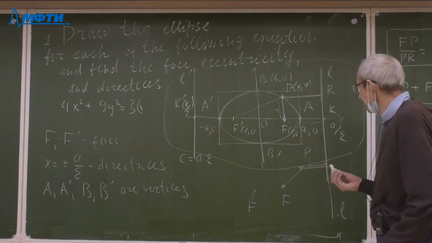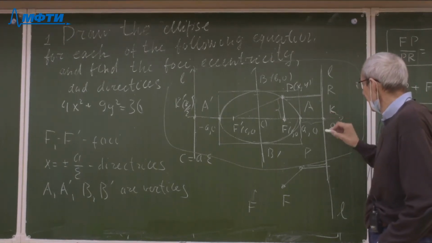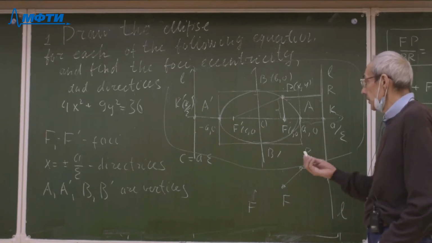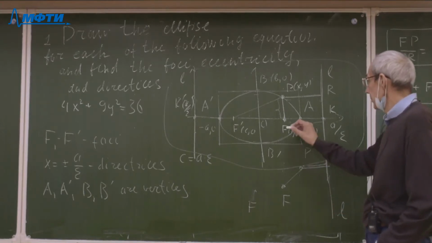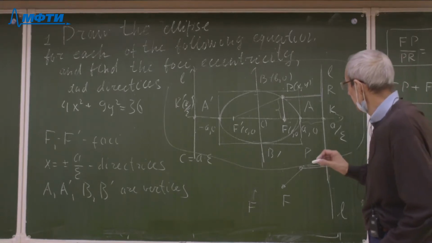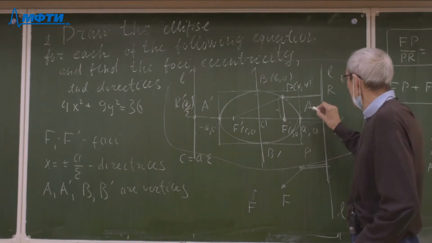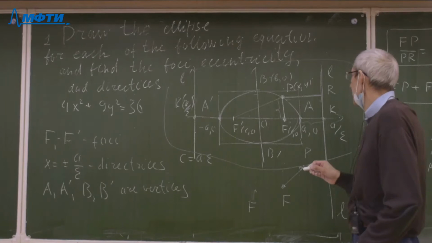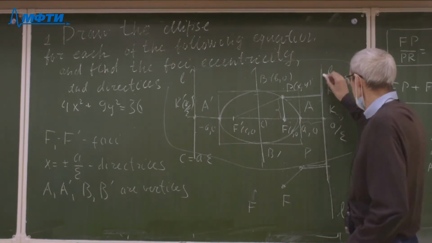The main idea to get the equation of this curve, which is defined by this condition, is the following. First step, let's consider some point A which lies on the perpendicular to our fixed straight line.